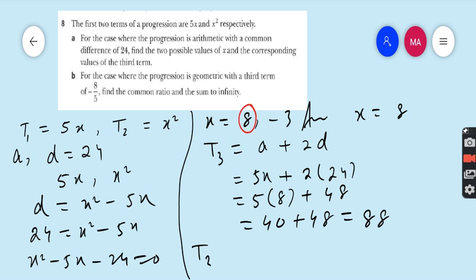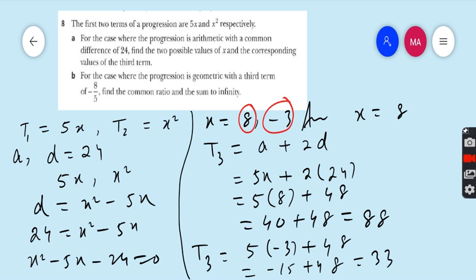Next, T3 is equal to 5 into x. This time I am taking x as minus 3, plus 2 into 24, that is 48. Minus 15 plus 48 is 33.